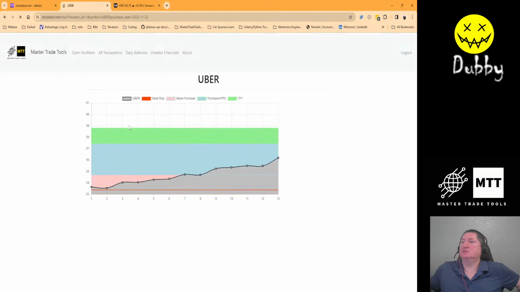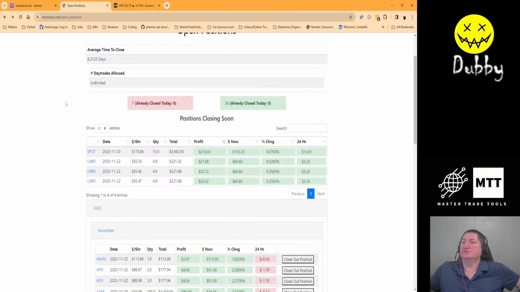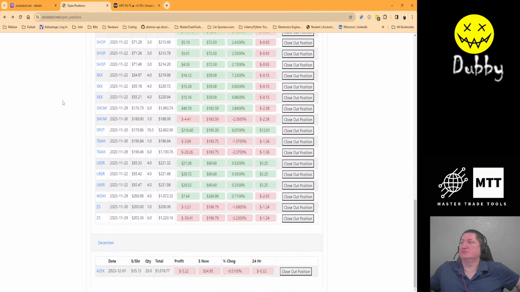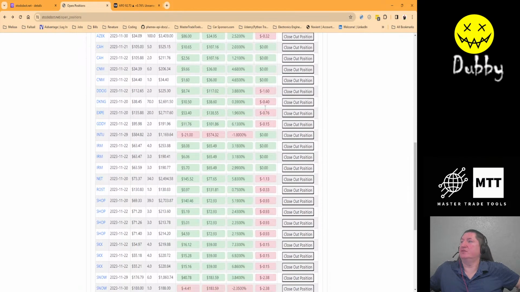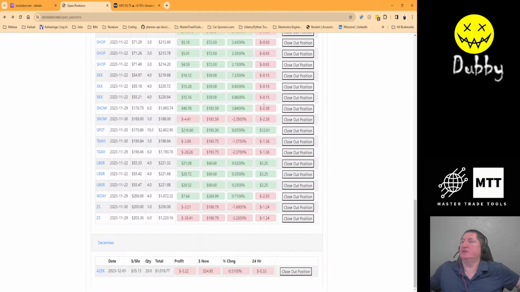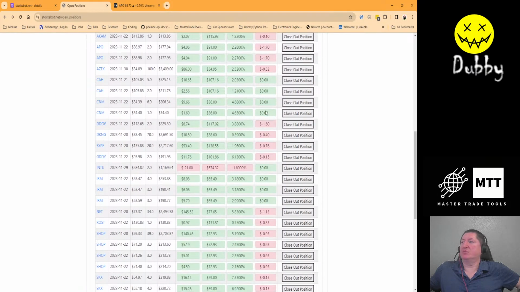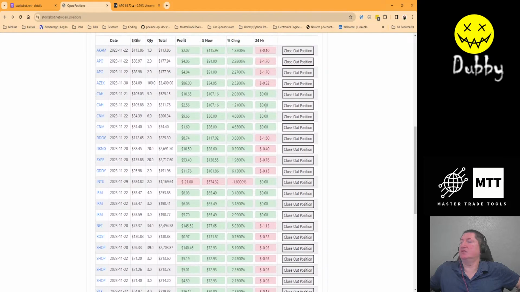Uber. That's another one. I'm seeing a lot of red in 24-hour movements. So I have a feeling we might be moving to the downside after such a great week last week. There's going to be a couple take profits, but I think we're going to start seeing some bearish movement.